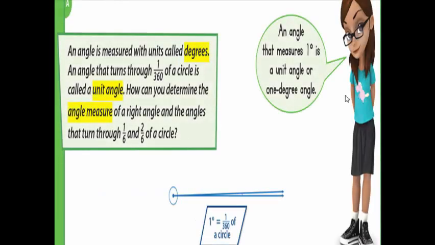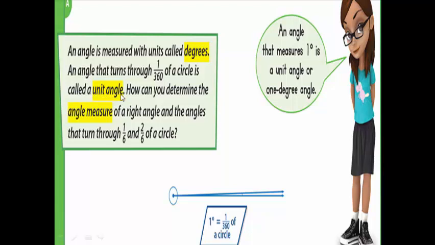Let's move to our book and see what they are saying. Here, an angle is measured with a unit called degrees. It's not a new thing for us. If you have only 1 out of 360, it means if you have an angle, its measurement equals 1 degree. You can call this angle a unit angle.